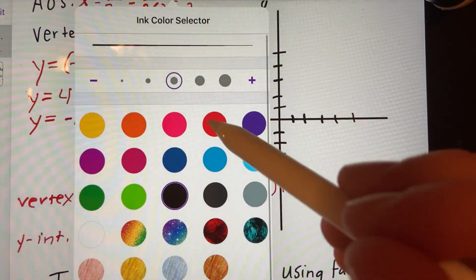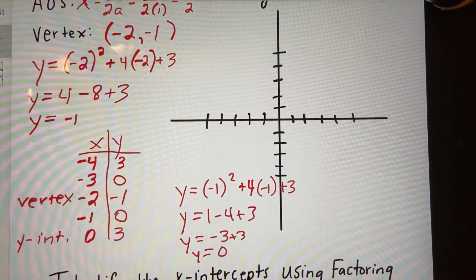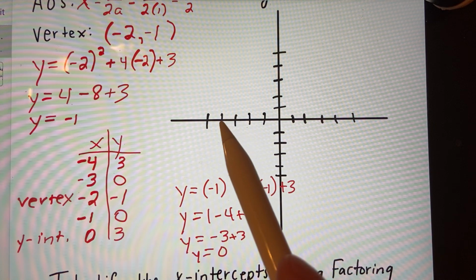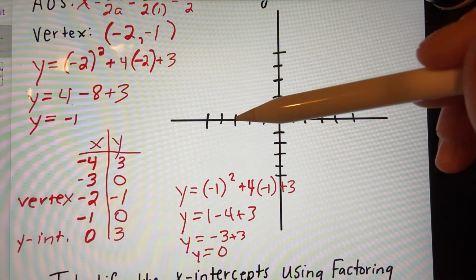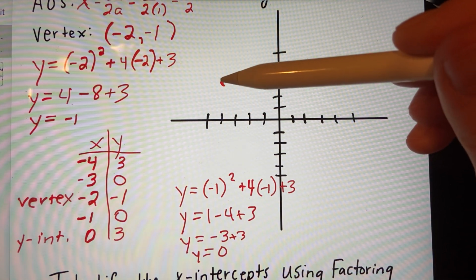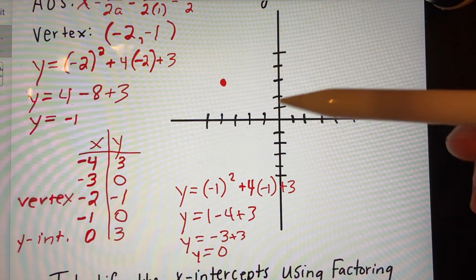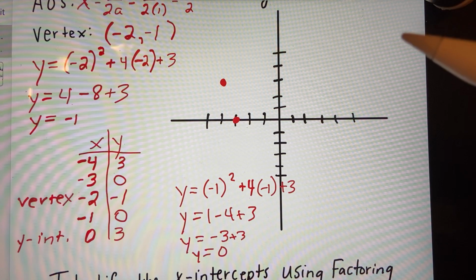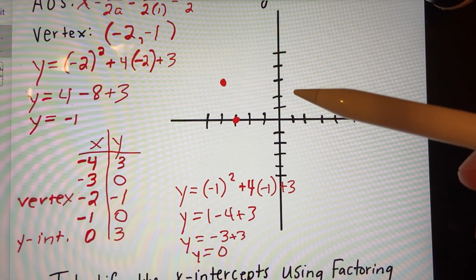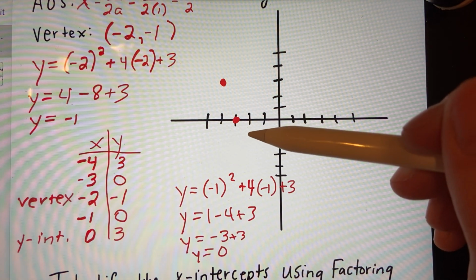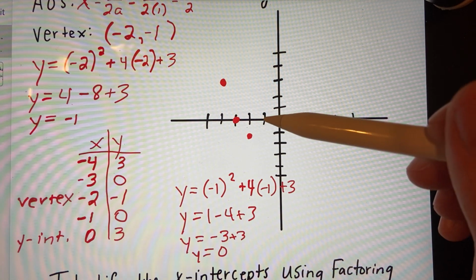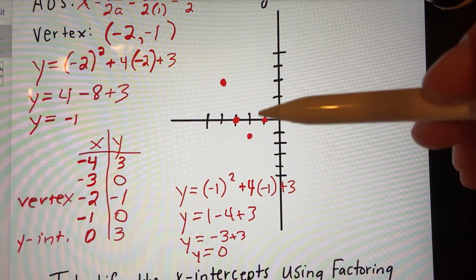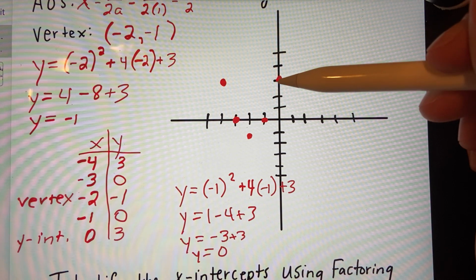I'm going to switch this back to red. (-4, 3): we count to the left 4, up 3. That's my first point. (-3, 0): 1, 2, 3. 0 is right there on the x-axis. (-2, -1), that's my vertex. Left 2, down 1. (-1, 0) is right there on the x-axis. And then (0, 3), that's the y-intercept.